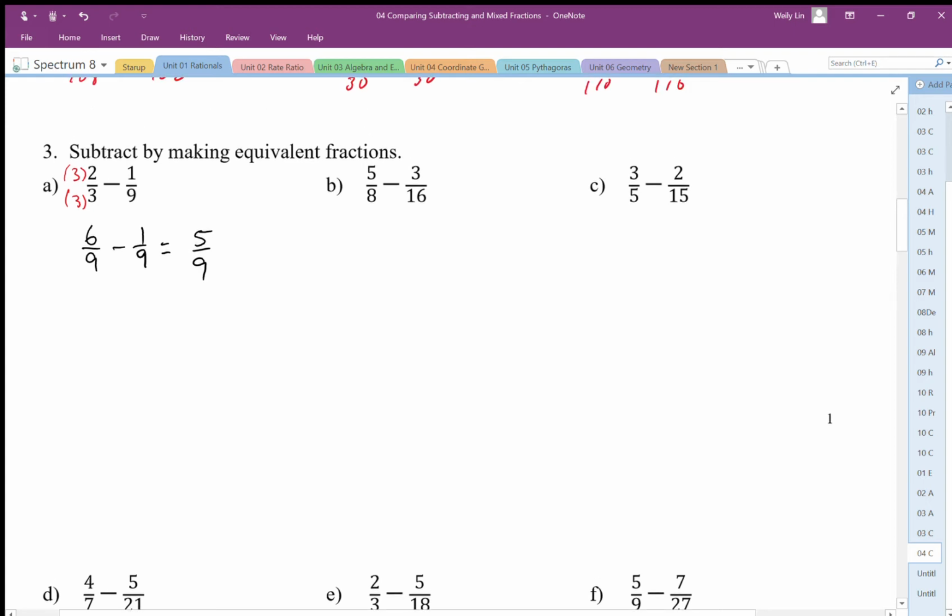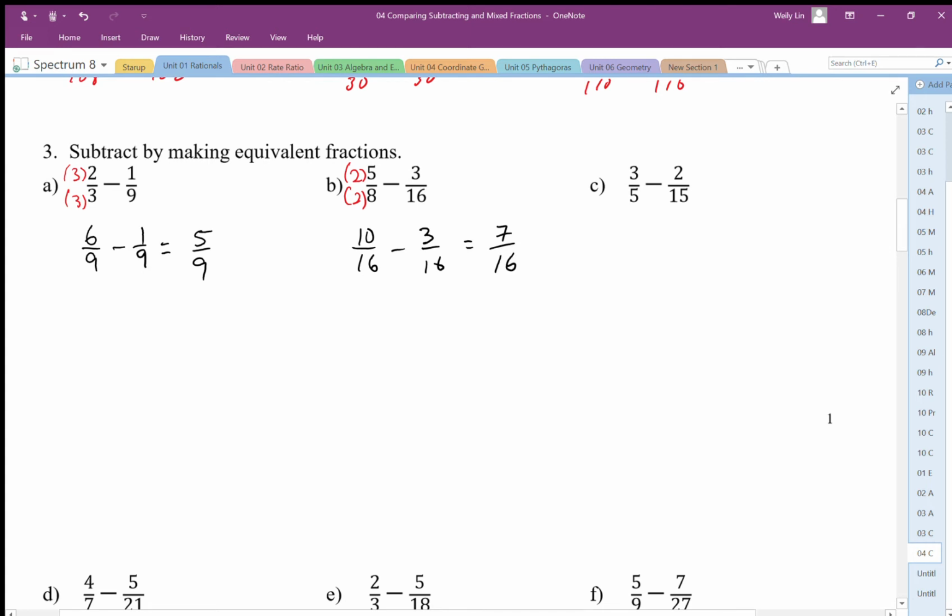So here we need a common denominator. Common denominator is 16. So I'm going to times by 2, and I'm going to end up with 10 over 16 minus 3 over 16. And that's going to give us 7 over 16 as our difference.